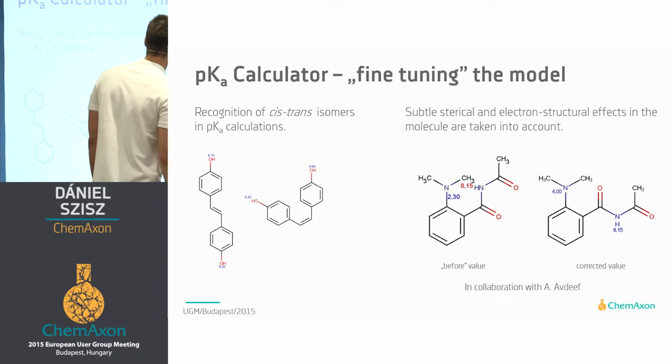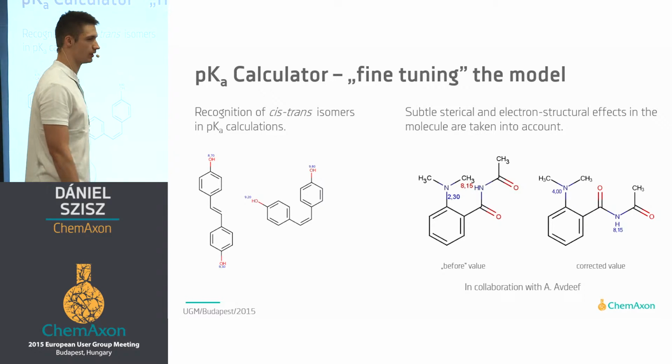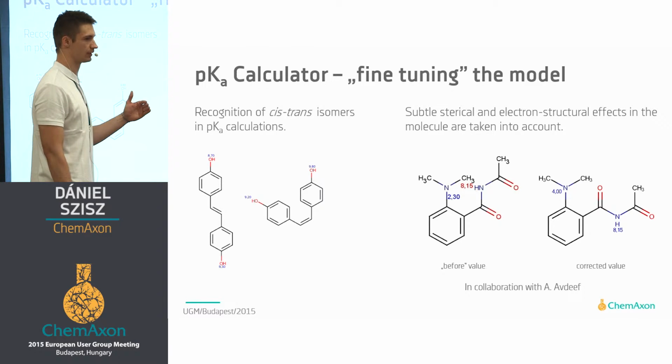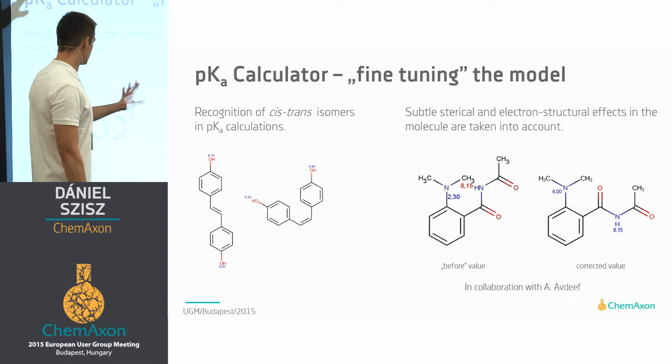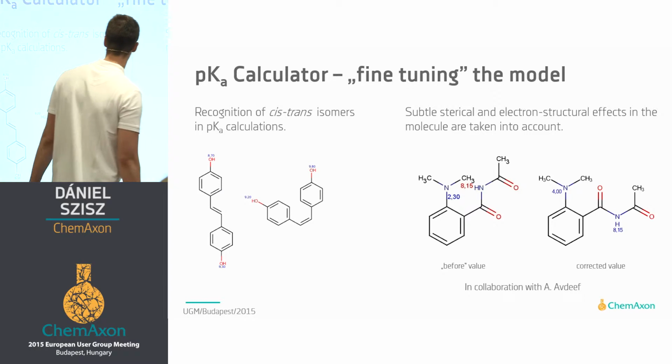The next development I would like to talk about is for one of our main predictors, the pKa calculator. We focused last year on fine-tuning our pKa model. You can see two main results. On the left side, you can see two molecules with different geometric isomers.